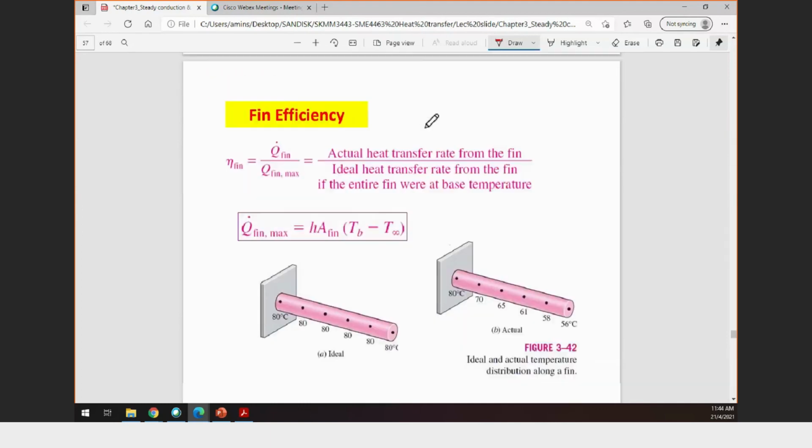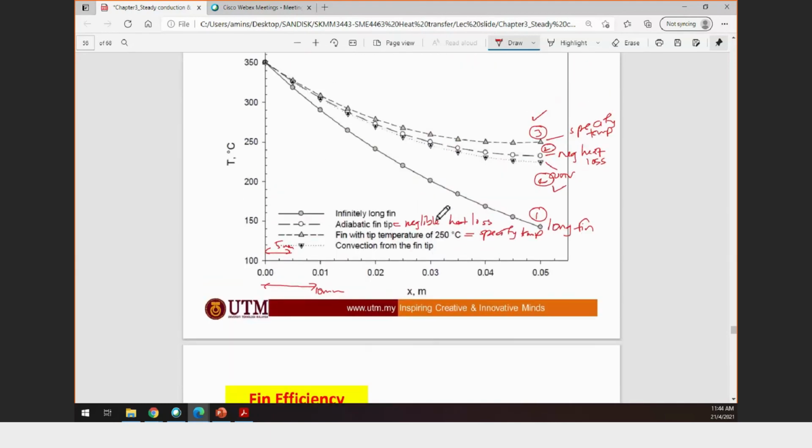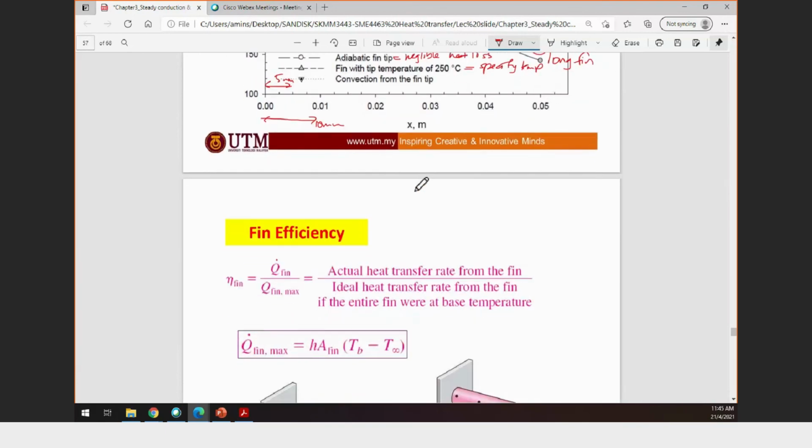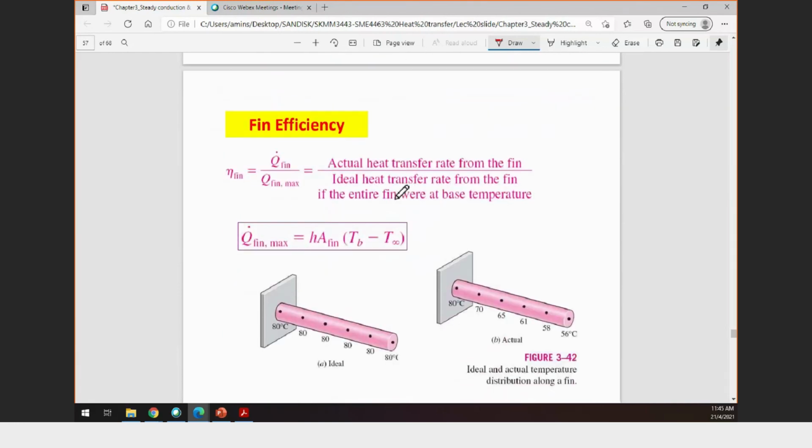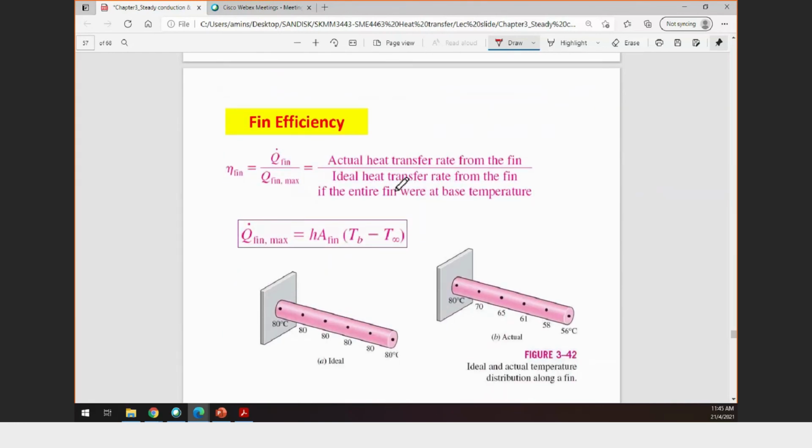Because the next part is, once we have calculated the temperature across the fin and the heat transfer, we want to know how efficient the fin installation is in order to reduce the heat transfer, or reduce the heat loss, or increase the heat loss, depending on what type of heat transfer you want, whether you want to increase or decrease. Okay.